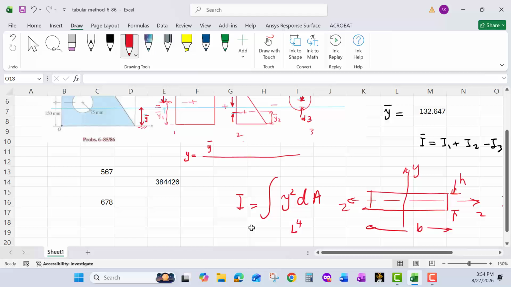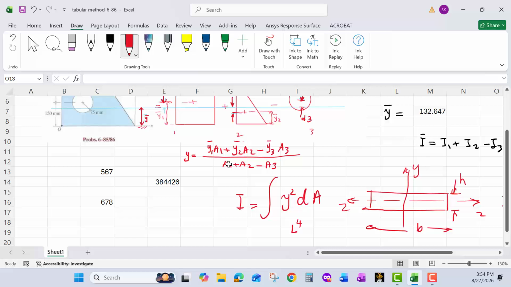This is y-bar for the first shape multiplied by its area, plus y-bar for the second shape multiplied by its area, minus y-bar for the third multiplied by its area, divided by the sum of the positive areas, take away the negative area. Many individual computations must be done, but Excel makes these easier.